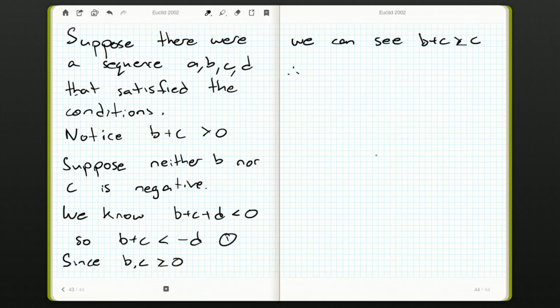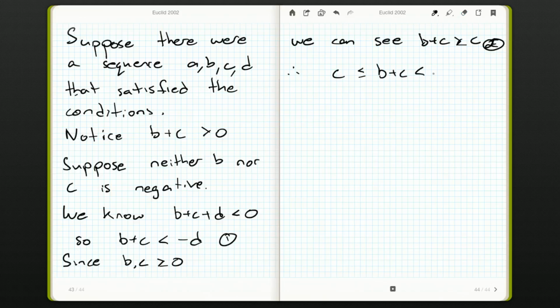So combining 1 and 2, we see that C is less than or equal to B plus C, which is less than negative D. Adding D to both sides, we get that C plus D is negative.